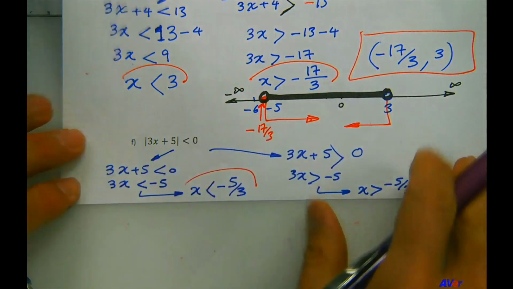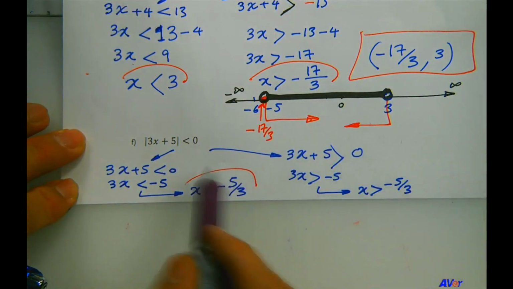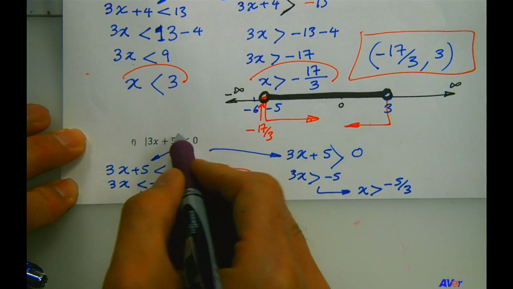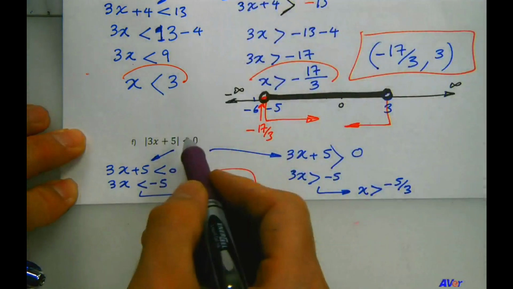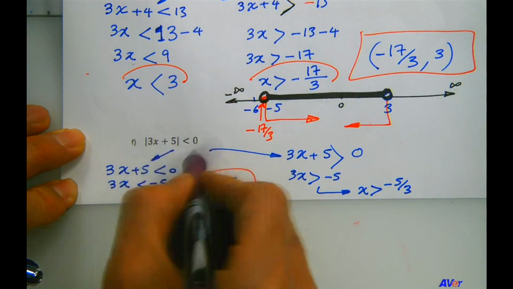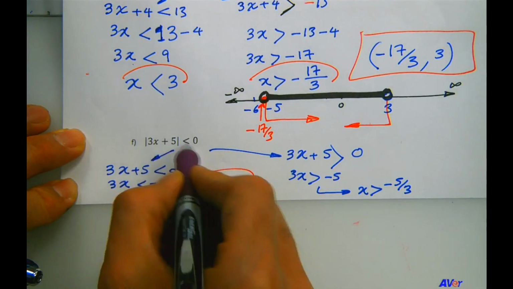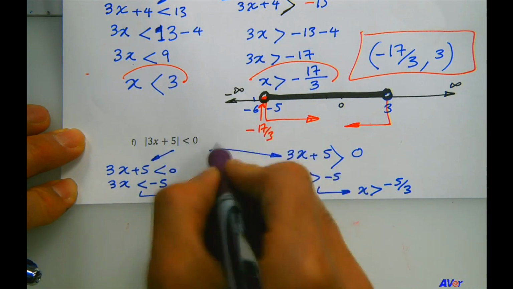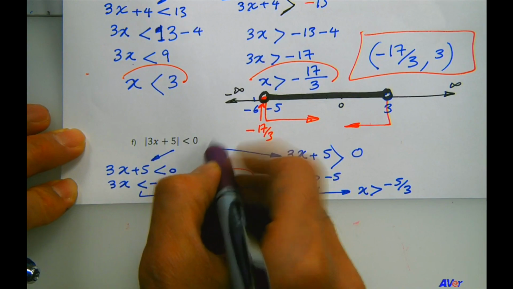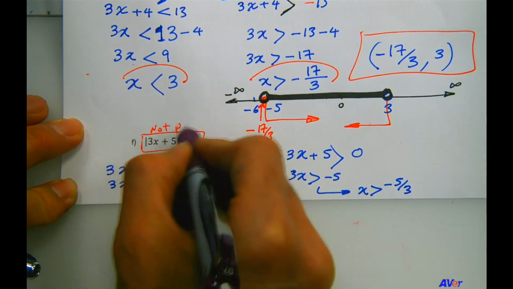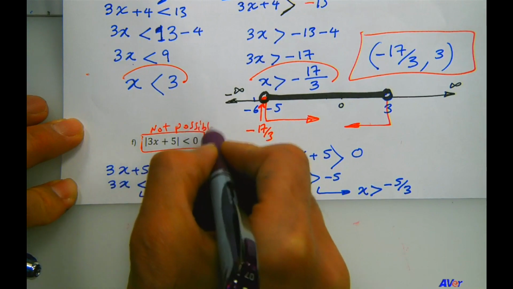So this is one of those questions again. But in any case, we end up with the same thing, right? I'm sure a lot of you were much smarter than me, and you saw that this is not possible, right? How can absolute value be less than 0 and be a negative number? So not possible. So right away, you could say that this is not possible.